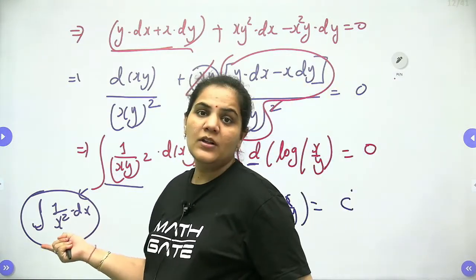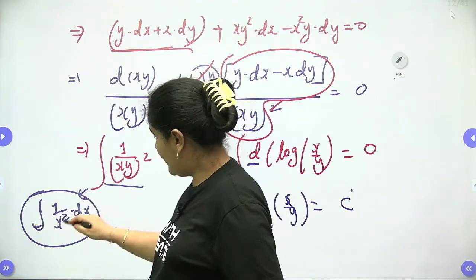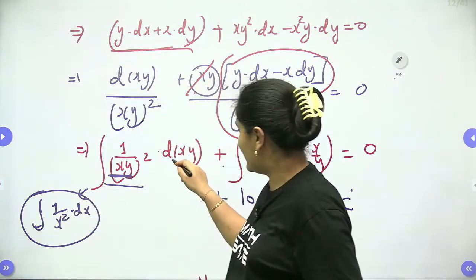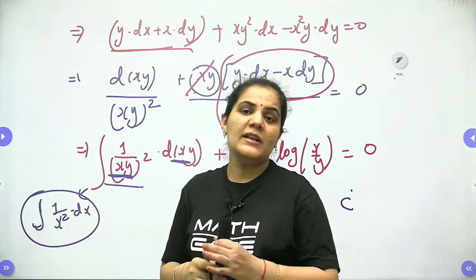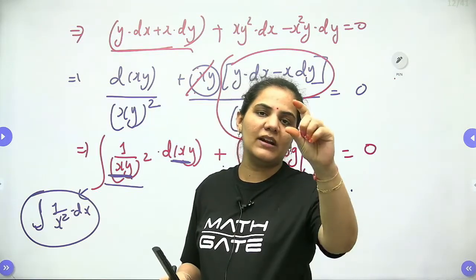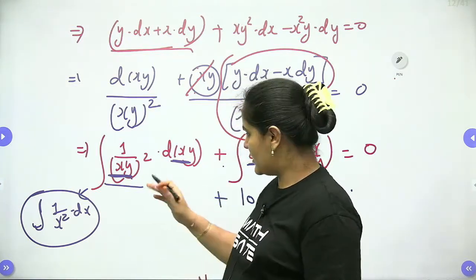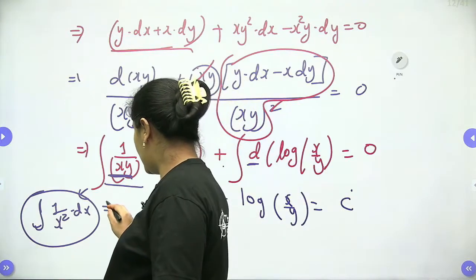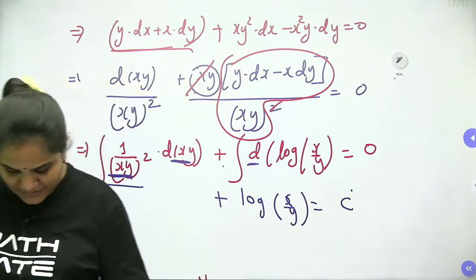Yes, exactly. So the same thing, when we have 1 by xy square and here we have the derivative of xy, it means we have to integrate 1 by xy square only, right? So this is nothing but the integration form. So we can directly write down the integration, my dear students.